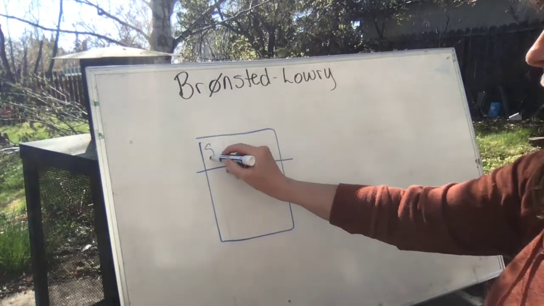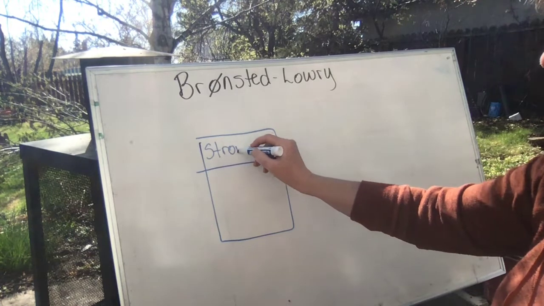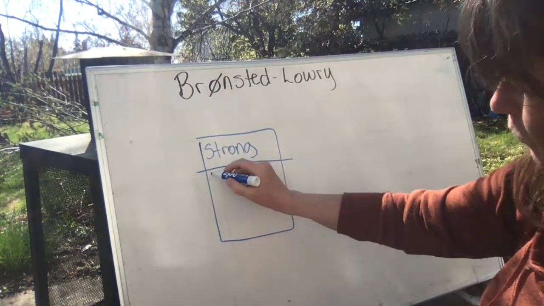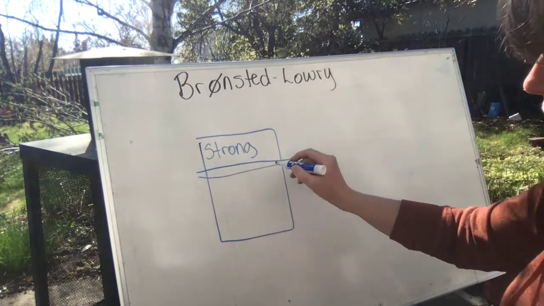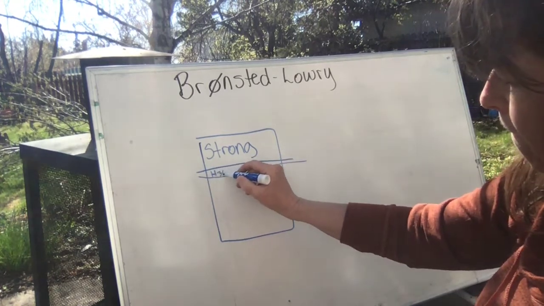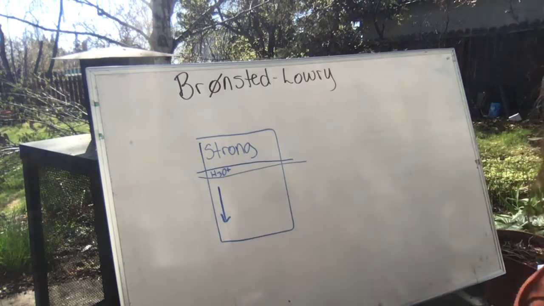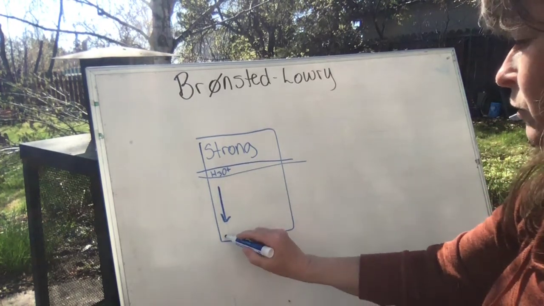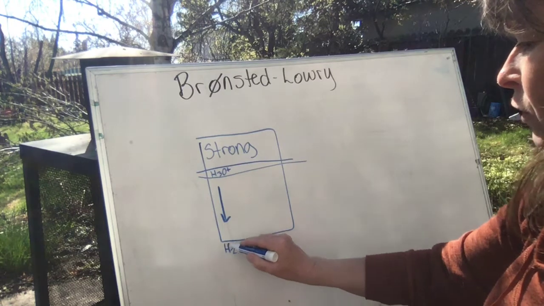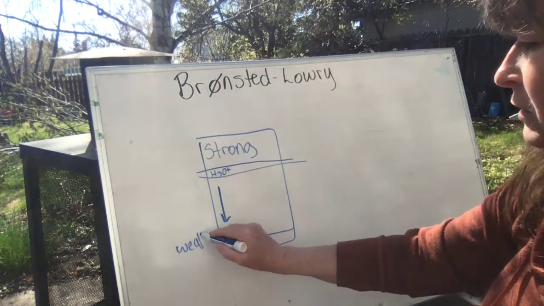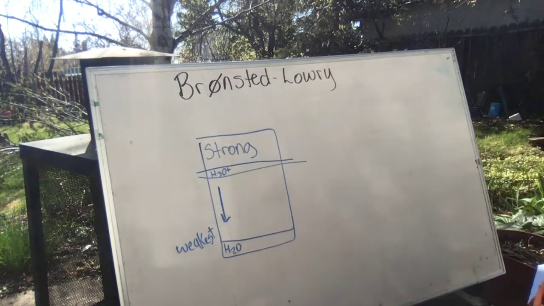On the top we have our strong acids, okay, and down here below the line is hydronium, and below here the acids get weaker and weaker and weaker until we get to the bottom where we have water in its own little category down there.